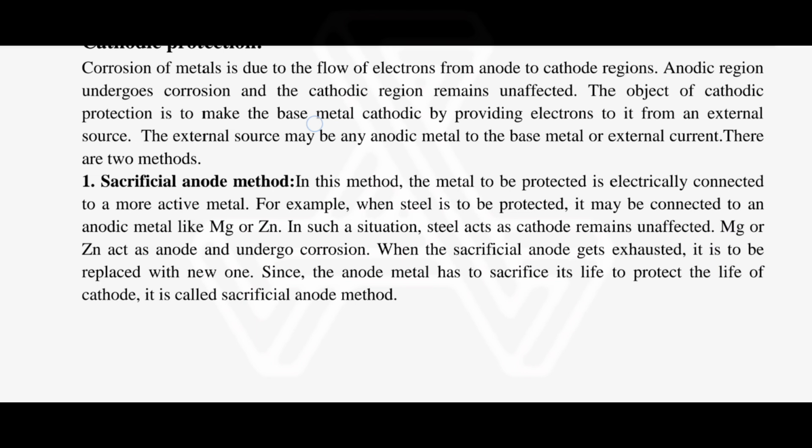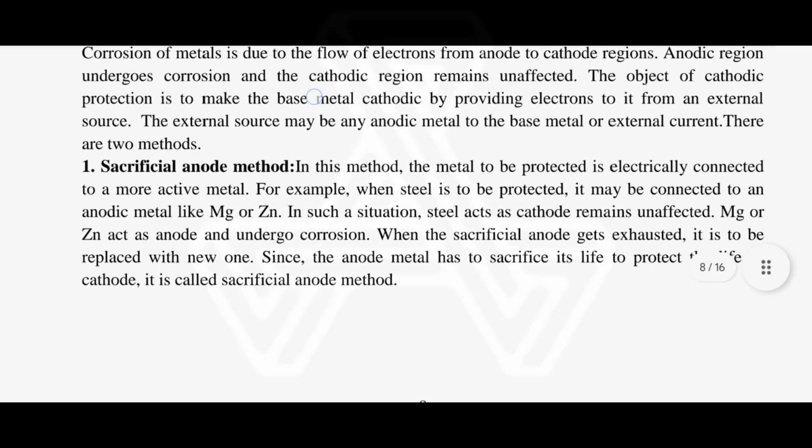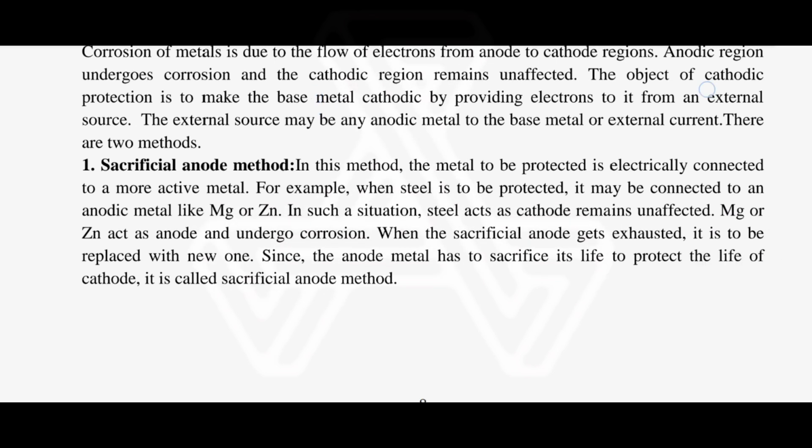Magnesium or zinc acts as anode and undergoes corrosion. When the sacrificial anode gets exhausted, it is replaced with a new one. Since the anode metal has to sacrifice its life to protect the cathode, it is called the sacrificial anode method.